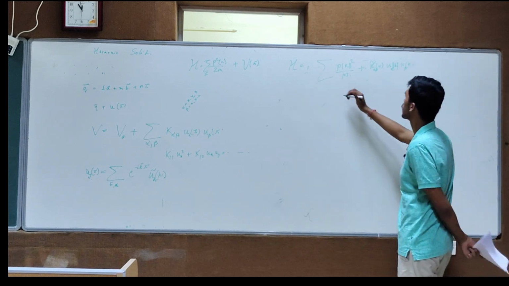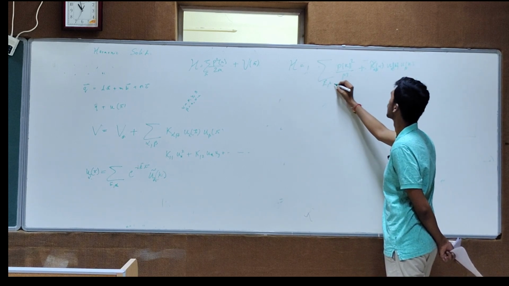And this is a sum over k and alpha beta.